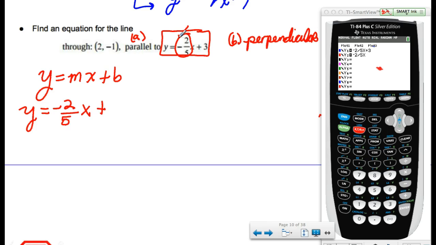My question is, what do I enter here to force the line to go through this point? I'm going to put plus b. What is that? Well, I know I need to go through the point 2, negative 1. 2 is an x coordinate on the line. Negative 1 is a y coordinate on the line.